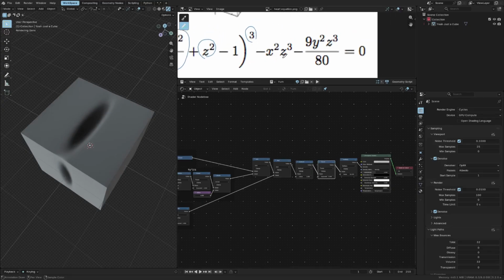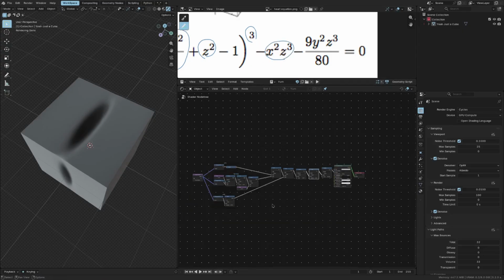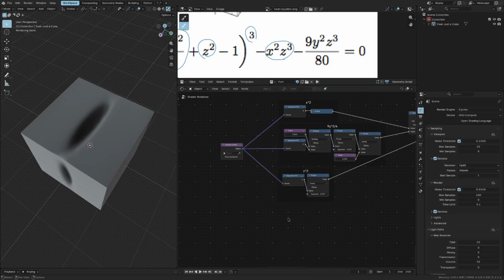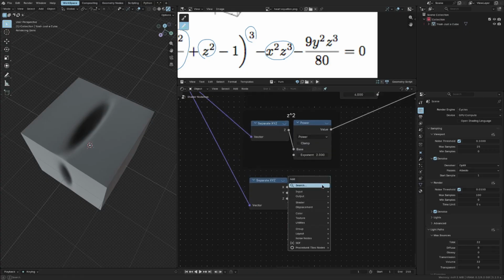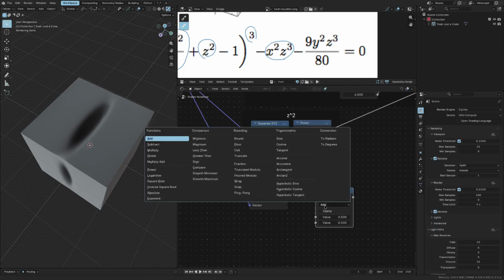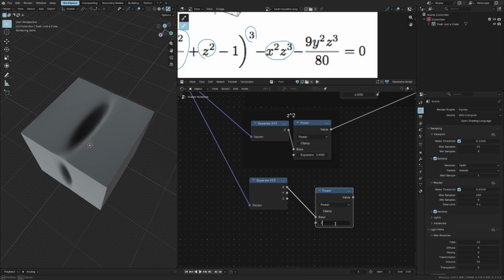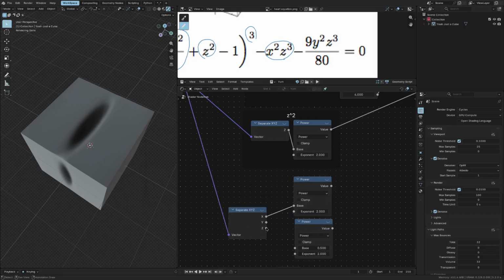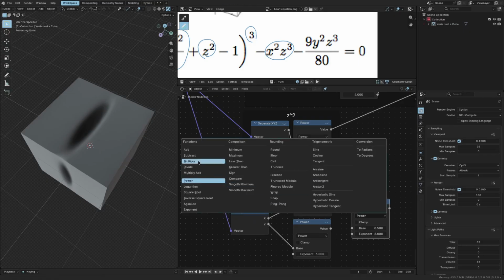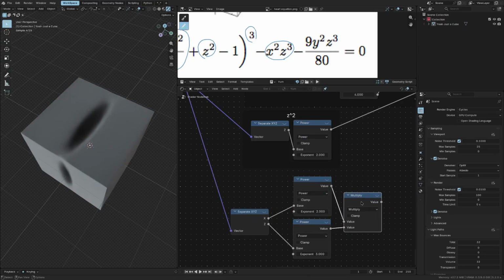And the next one is going to be this one here, x square and y cubed. Separate XYZ, x Math, set the power exponent to 2, make another one, and the z exponent is going to be 3, and multiply that with Node Wrangler.